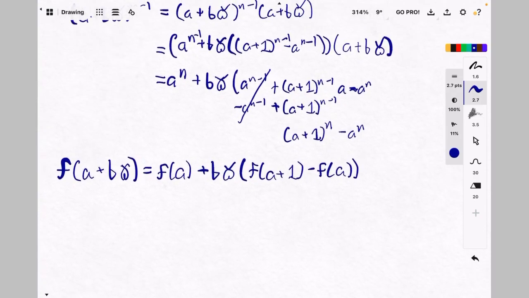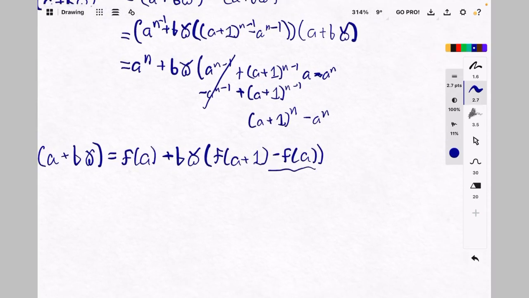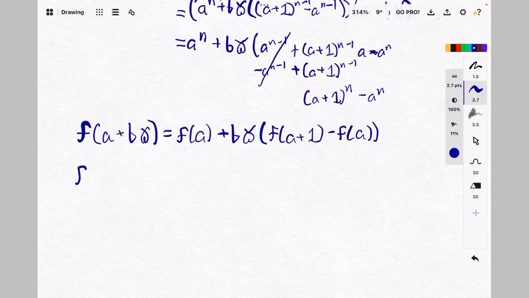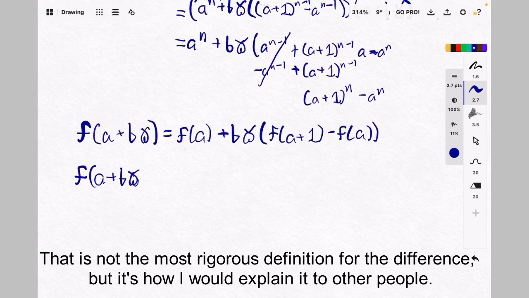But of course, this specific combination of functions already has a name given to it and a symbol that you use with it. That is the discrete difference. And I'd say go look it up yourself. It's basically like the derivative, but for differences of 1 instead of infinitesimal differences.